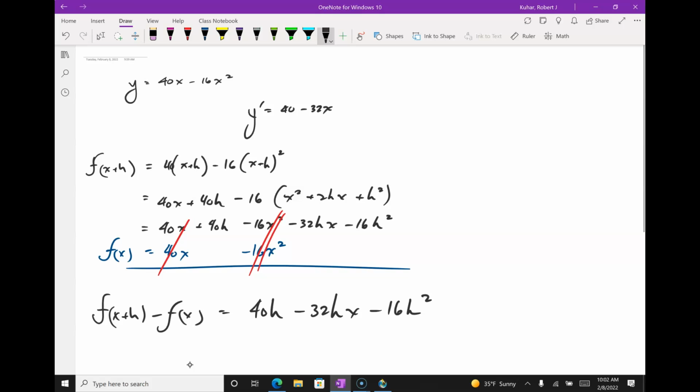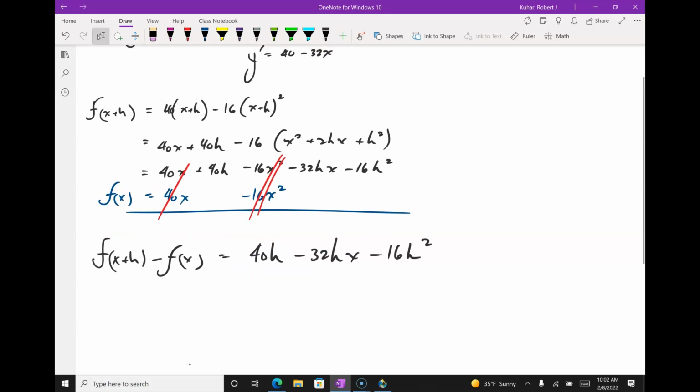Notice that everything that's left has a factor of h. If it doesn't, you made a mistake. Everything that's left is a factor of h. There's my difference, correct? Because I'm subtracting, right? There's my quotient, because I'm dividing, yes?